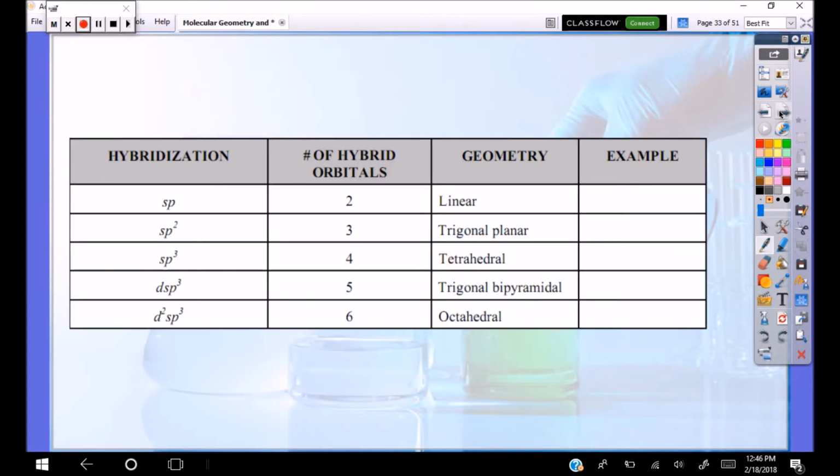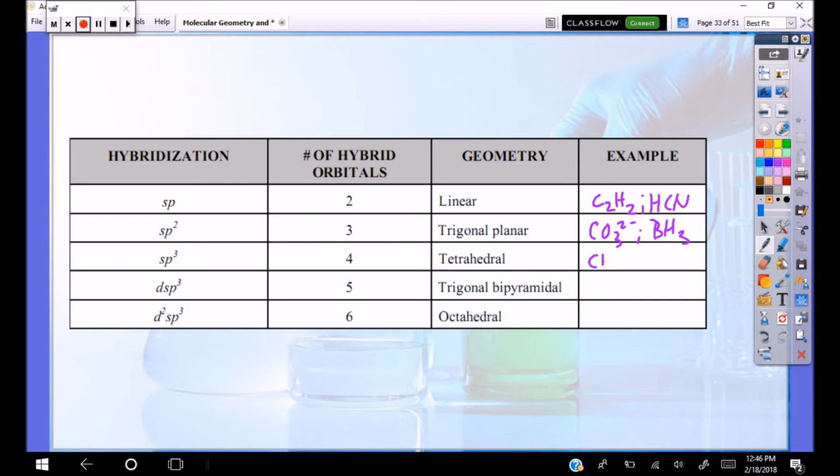So some examples. Let's recap. If it's sp, I'll give you 2 examples. You've got C2H2, which is carbon with a triple bond. We also have HCN. If it's sp2, we're looking at something that is trigonal planar. Trigonal planar molecules, you've got things like CO3 2- and BH3.